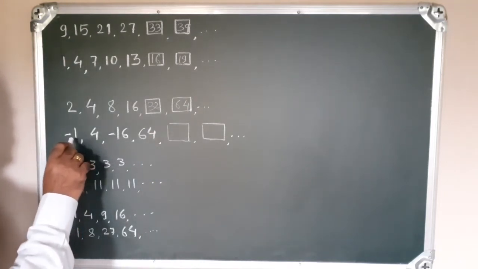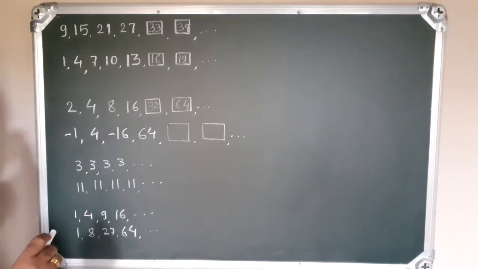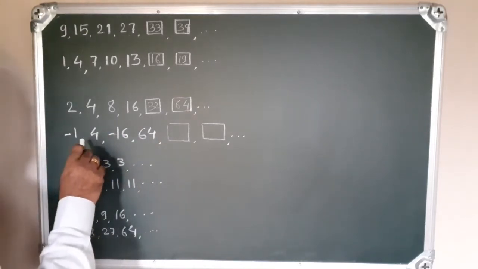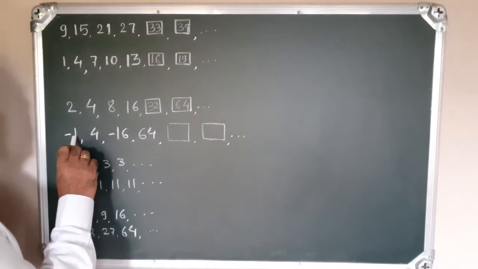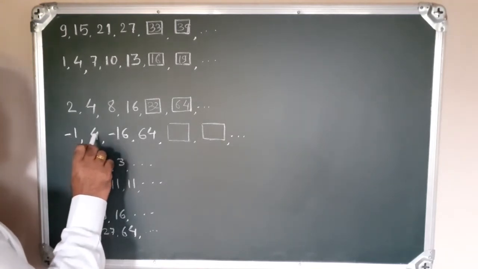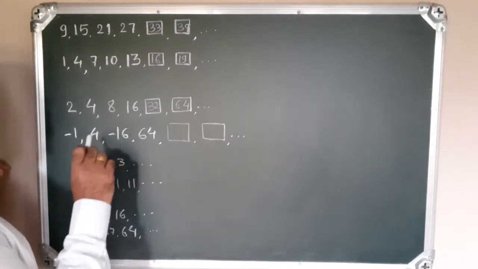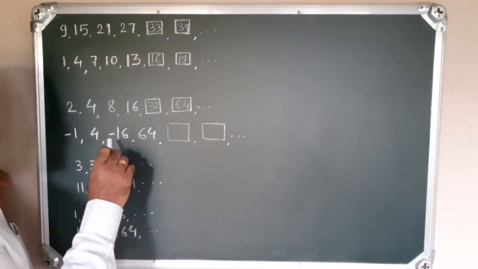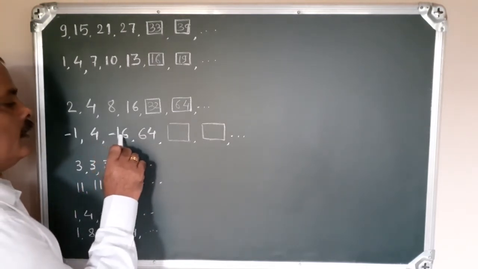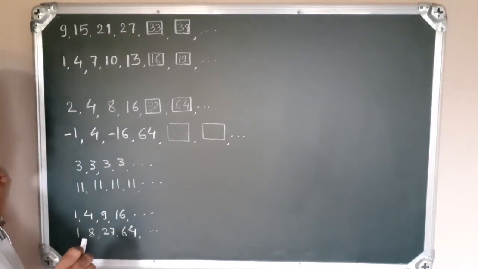Now see here. The difference in these two consecutive numbers is not the same, but if we multiply this number by minus 4, we get plus 4. So if we multiply this 4 by minus 4, we get minus 16. Now if we multiply minus 16 by minus 4, we get 64.